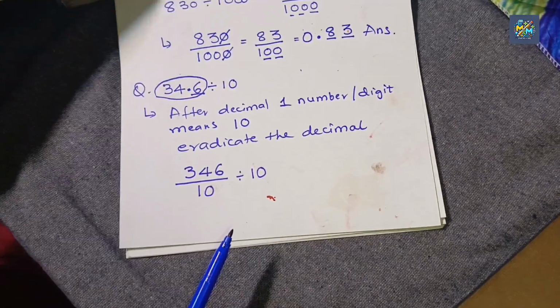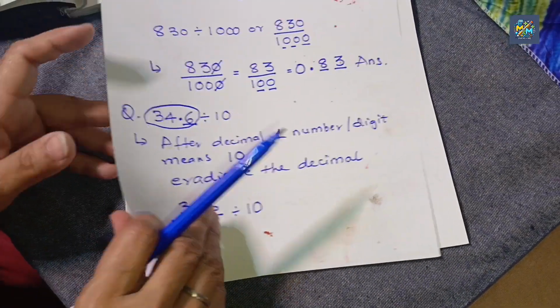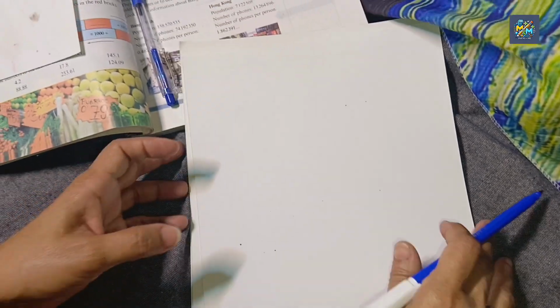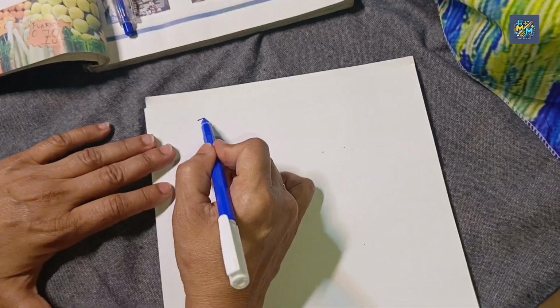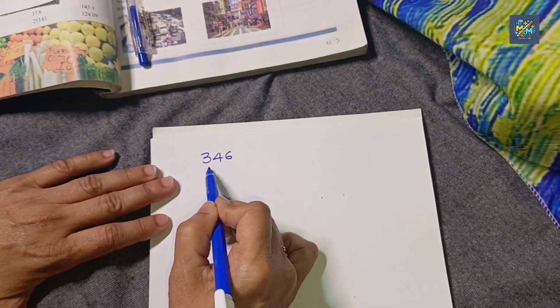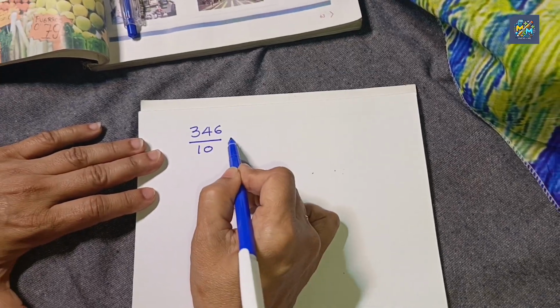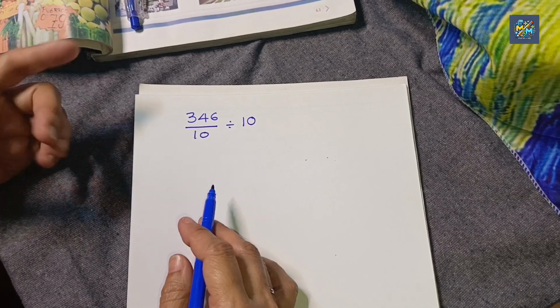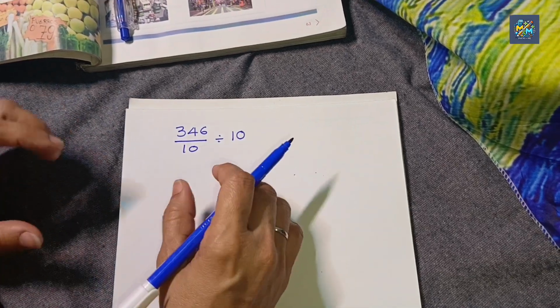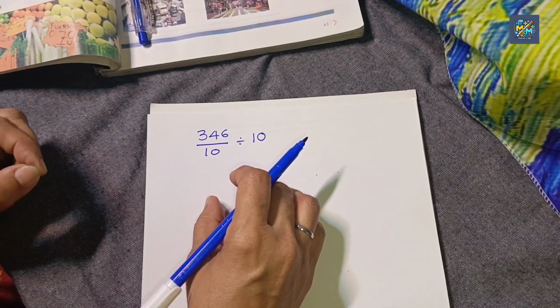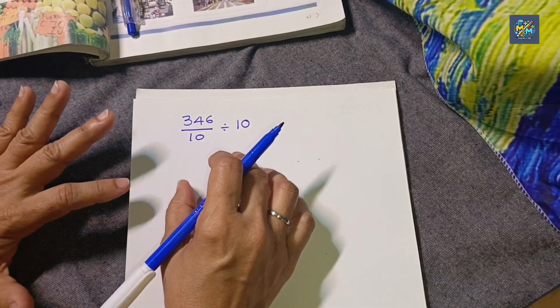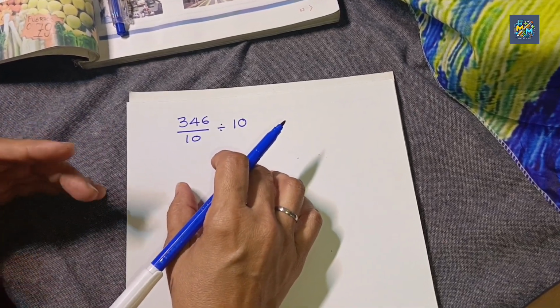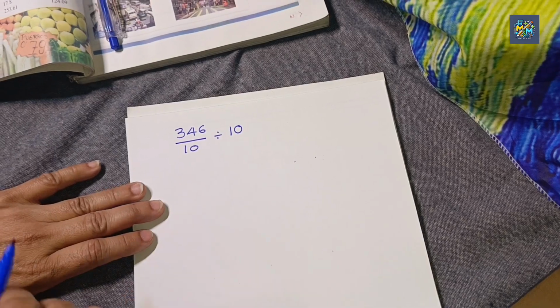Now I'm going to continue the sum. After this, 346 upon 10 divided by 10. The second step is, actually this is a bit of a longer process, but this always gives me a correct answer, inshallah ta'ala, with you.